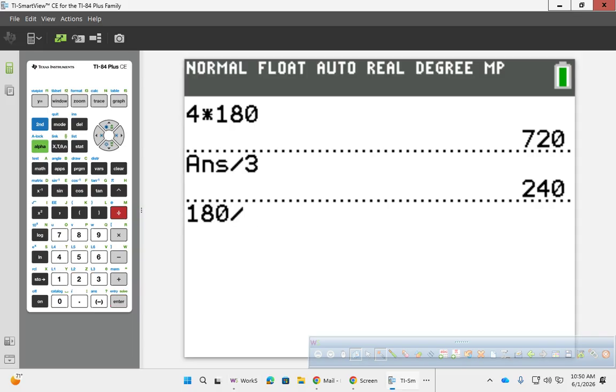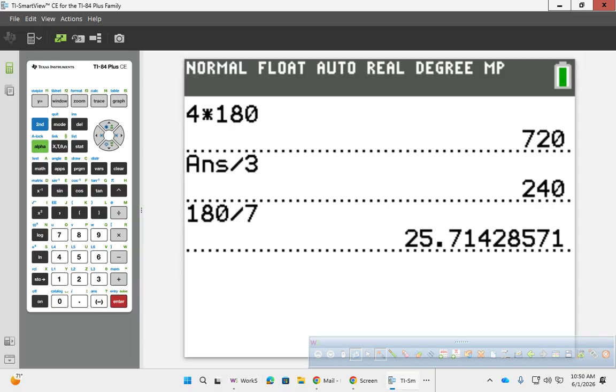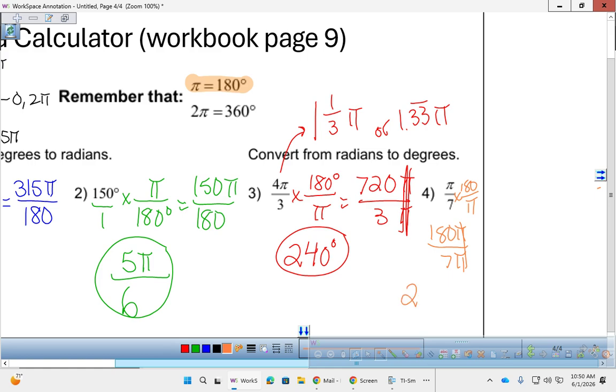And it should be something between 0 and 90. We'll call it 25.71. You can round it. 25.71 degrees. So you can use a little bit of unit circle number sense to get through these answers, but when you're actually converting, you're using your pi and your 180.